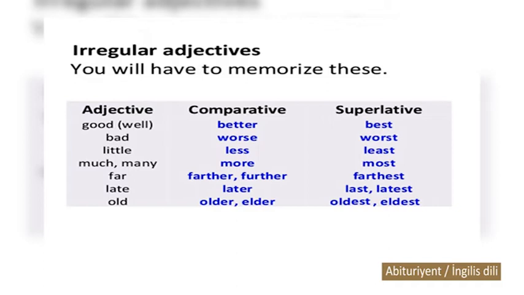They are good, better, best, bad, worse, worst, little, less, least, much, many, more, most, far, farther, further, farthest, late, later, last, or the latest, old, older, elder, oldest, and eldest.